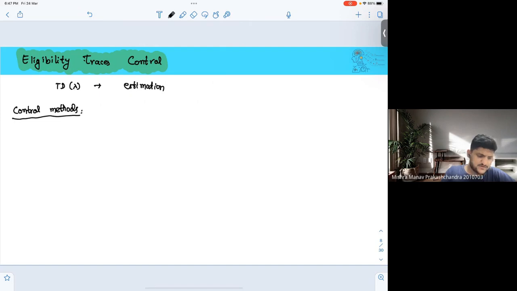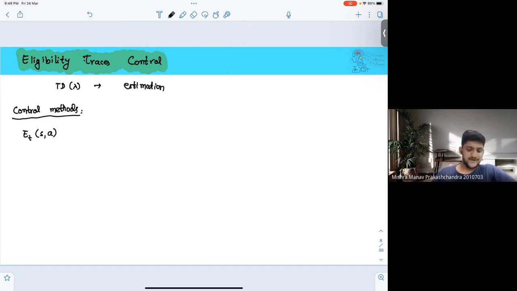Now again, when I want to look at control methods, the eligibility traces earlier were defined for a particular state S. The moment I say I want to look at the control aspect for eligibility traces, I no longer have an eligibility trace for a particular state S. In fact, the modification looks like this. The eligibility value is maintained for every state-action pair that occurs.